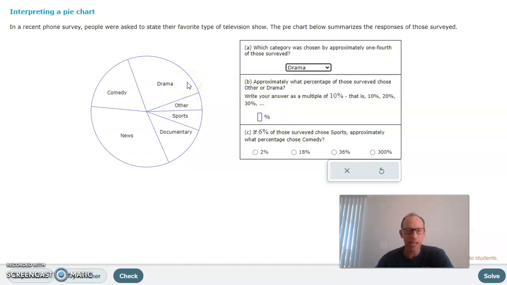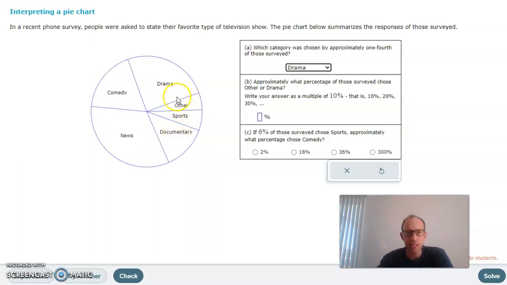So the question is, is it 30%, 40%? It's pretty clearly not 50%, because 50% would be a line straight across the circle, and it would be half of the circle. So do we go with 30 or 40? Well, if we went with 40, that would mean that the rest of this half was only 10%.